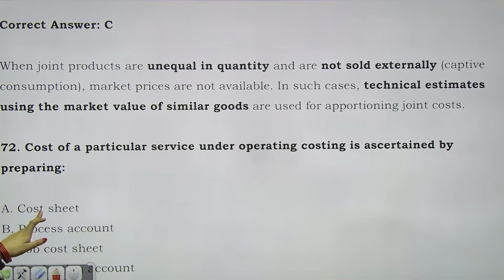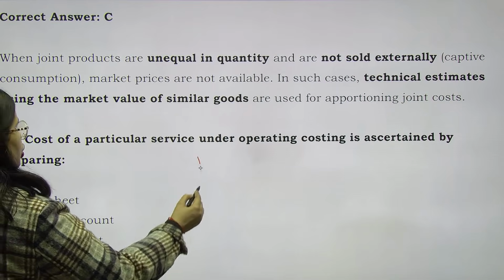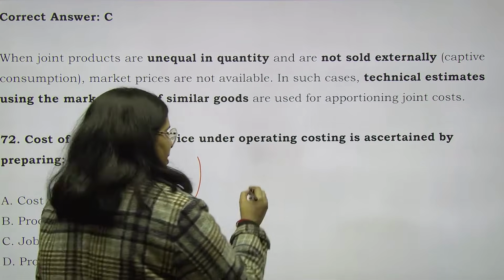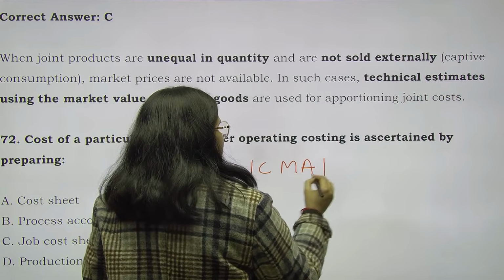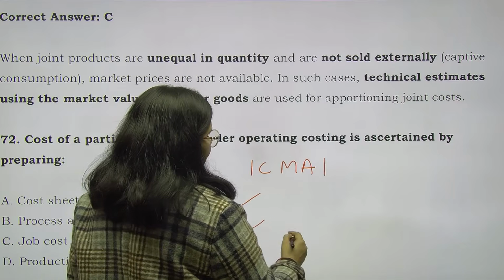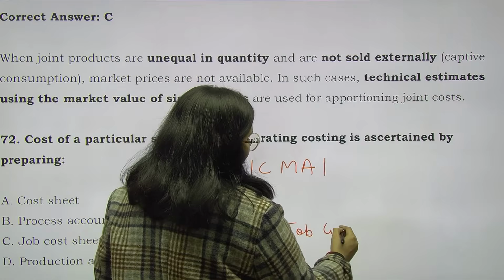Next: the cost of a particular service under operating costing is ascertained by what? By preparing the job cost sheet. See, ICMAI says that if you want to find out the cost of services that you have provided, follow the pattern of the job cost sheet. What do we do in a job cost sheet?